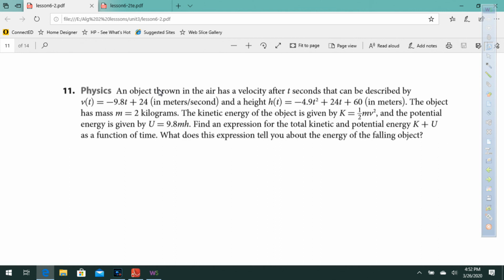Find an expression for the total kinetic and potential energy, k plus u, as a function of time. That looks like a real good problem for y'all. Number 11. See what y'all can do with that.